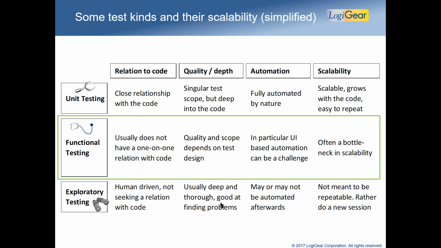That's a very broad area, from acceptance testing up to integration testing and system testing. So everything that goes beyond the unit, where the system under test becomes more like a black box that you have to address. If that goes through the UI, I'm sure you are aware that it can be pretty hard. It can be a challenge, and so it often becomes a bottleneck in the scalability of your automation.